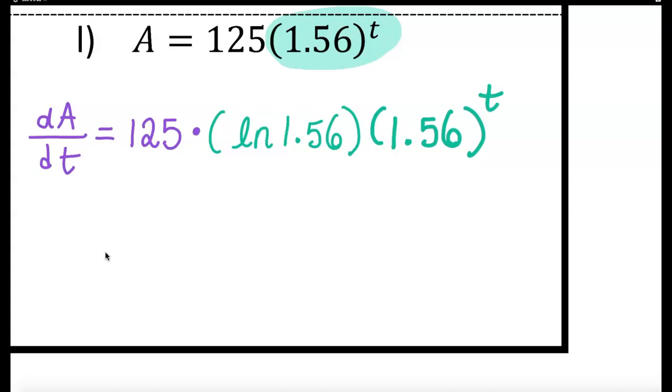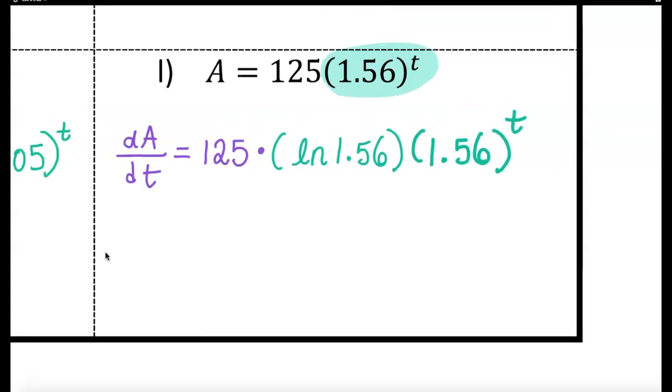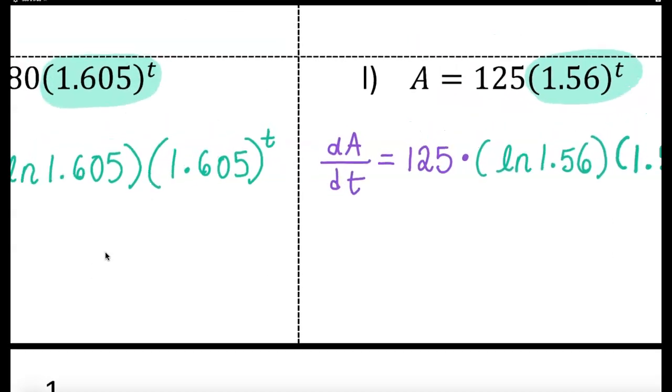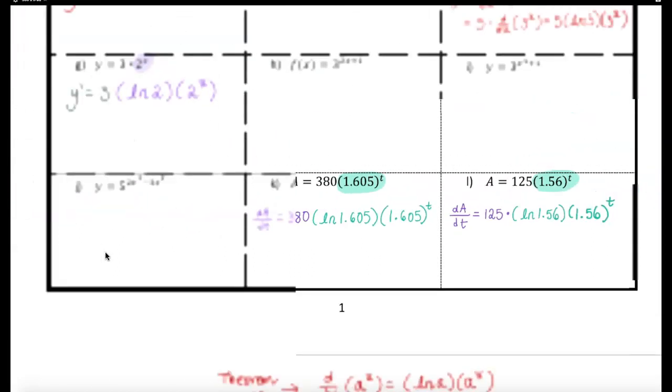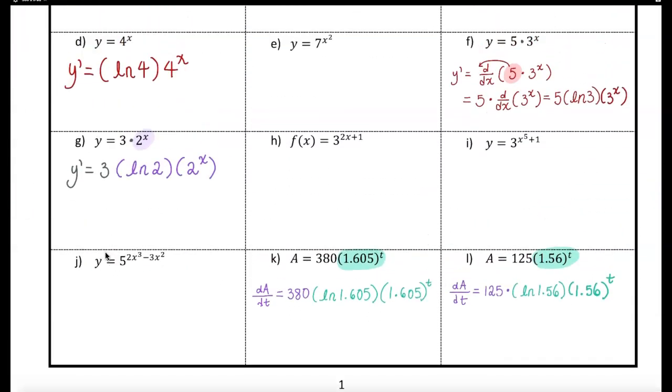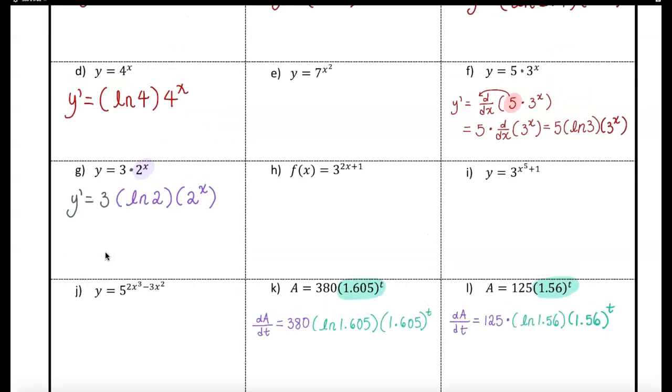So we are done with this problem. We saw these numbers were just not the prettiest, like 1.56 or 1.605. But they were the similar type as F, and they were similar to this one and that one, right? I'm circling all these.